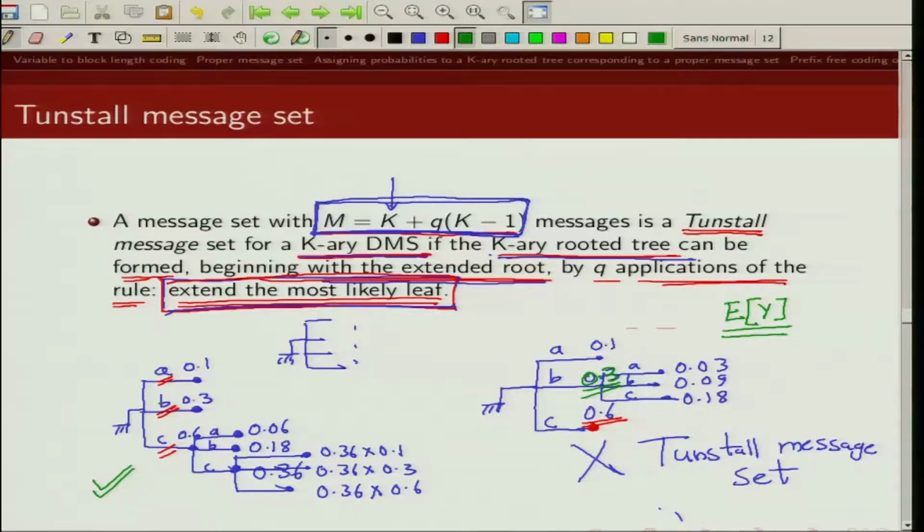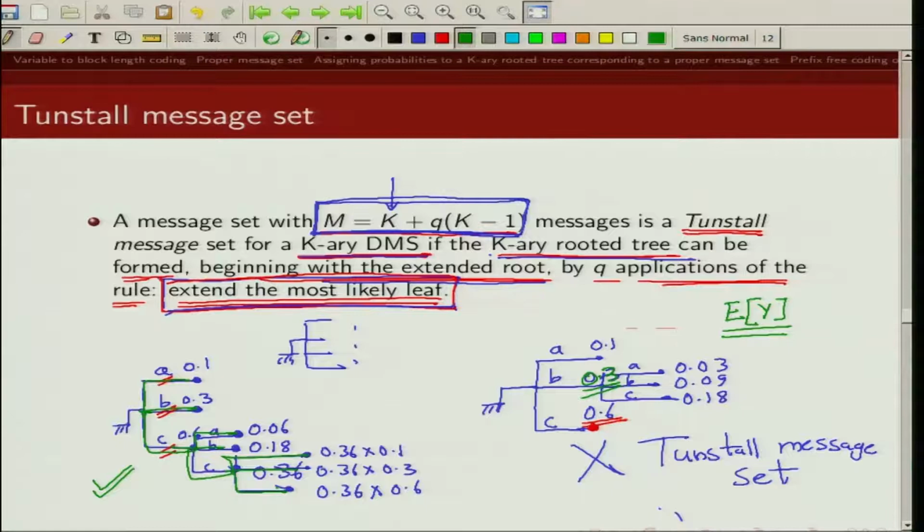Y is essentially the length of this parse sequence, the average length of the parse sequence. So in this case you are parsing the sequences like this: A, B, C, A, C B, C C A, C C B, C C C, like that you are parsing, right? So what is the expected value of Y?